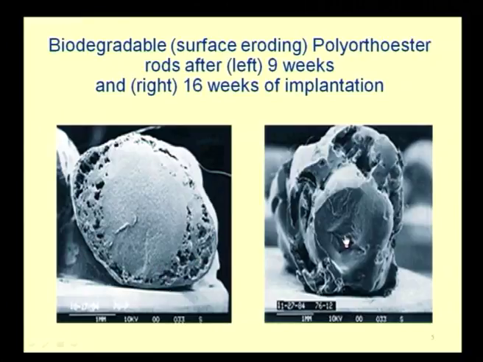After some more time, the right picture shows the condition after 16 weeks of implantation into our body. Further erosion takes place on the surface and the size of the polymer carrier comes down, or gets reduced over a period of time, which slowly makes the drug diffuse from the surface.